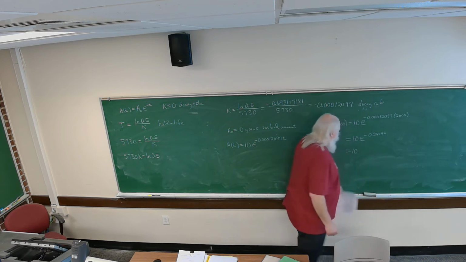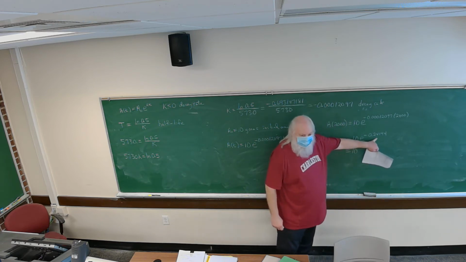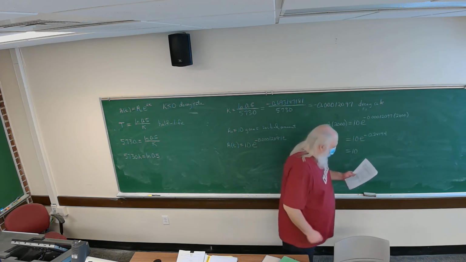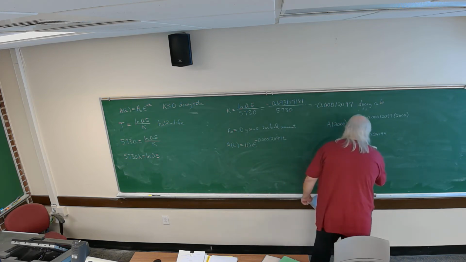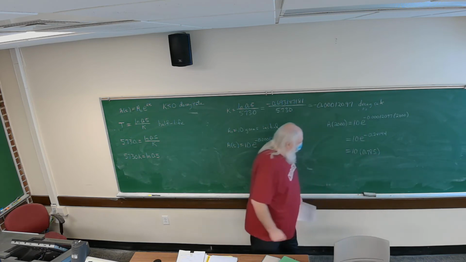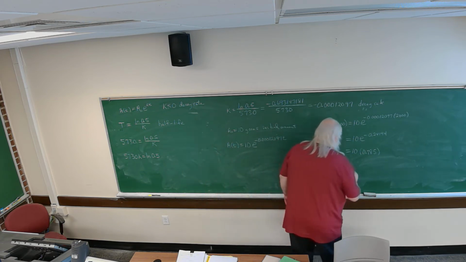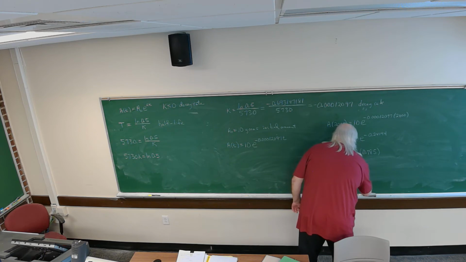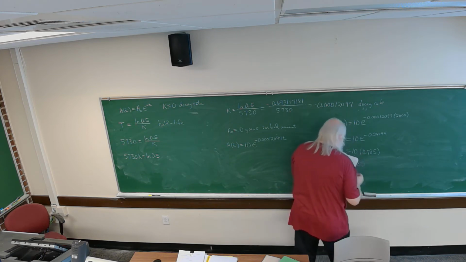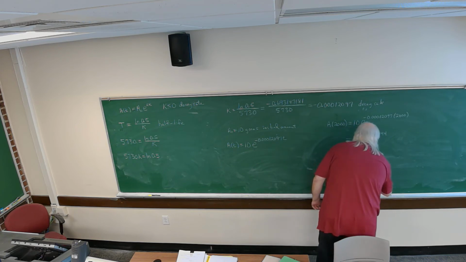And so then when I raise the number e to this power, I get 0.785. Yeah, 0.785. And when I multiply that by 10, I get 7.85. 7.85 what? Grams.